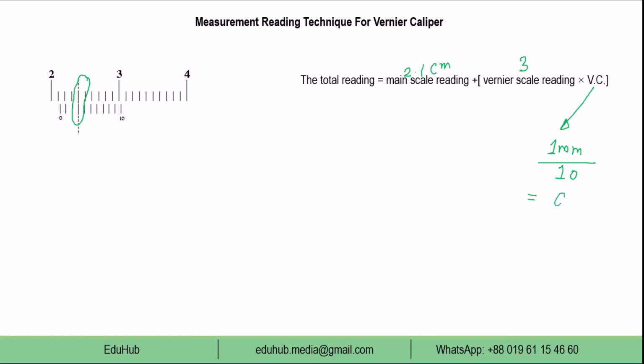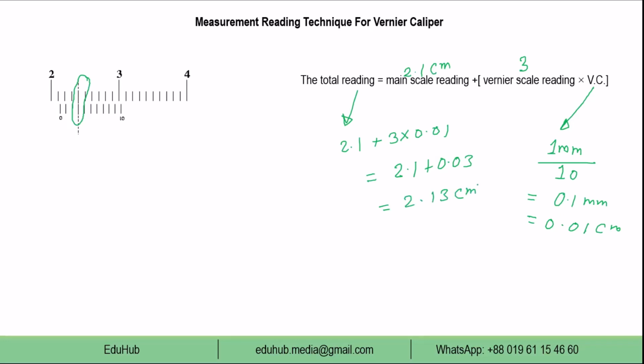So it is 0.1 millimeter, that means it is 0.01 centimeter. So the total reading will be 2.1 plus 3 into 0.01. So that will be 2.1 plus 0.03, that will be 2.13 centimeter.